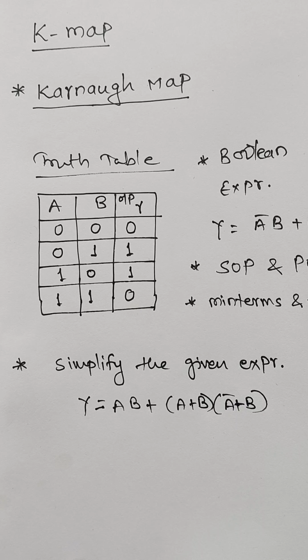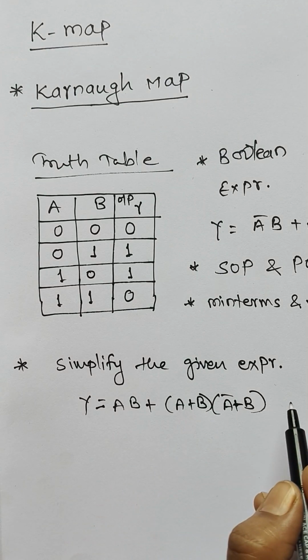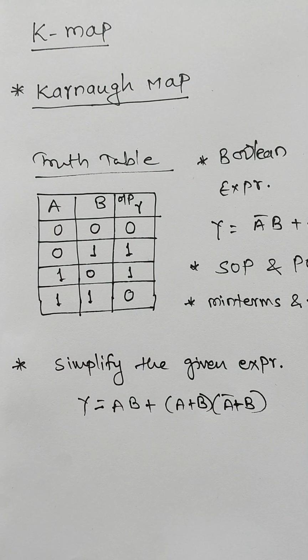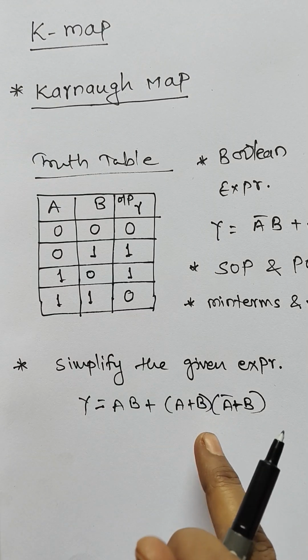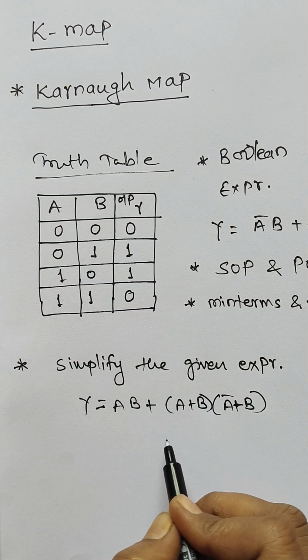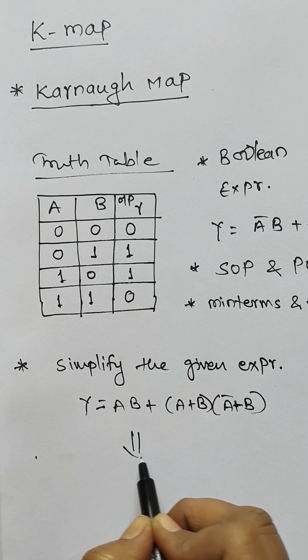Solving this is called the algebraic method of simplification. We have to use many theorems and laws, and it is a lengthy process. If more terms are there, it becomes even more lengthy. To reduce the disadvantage of this method of simplification, we move towards the K-map.